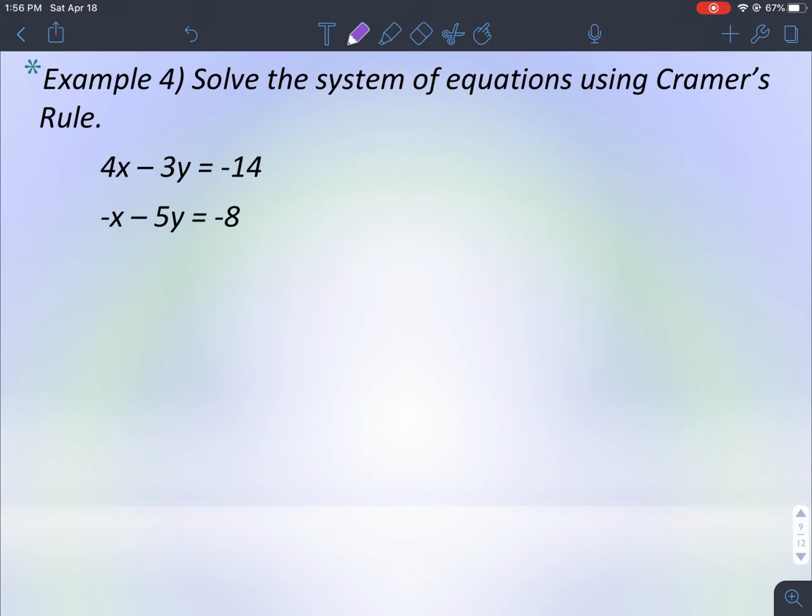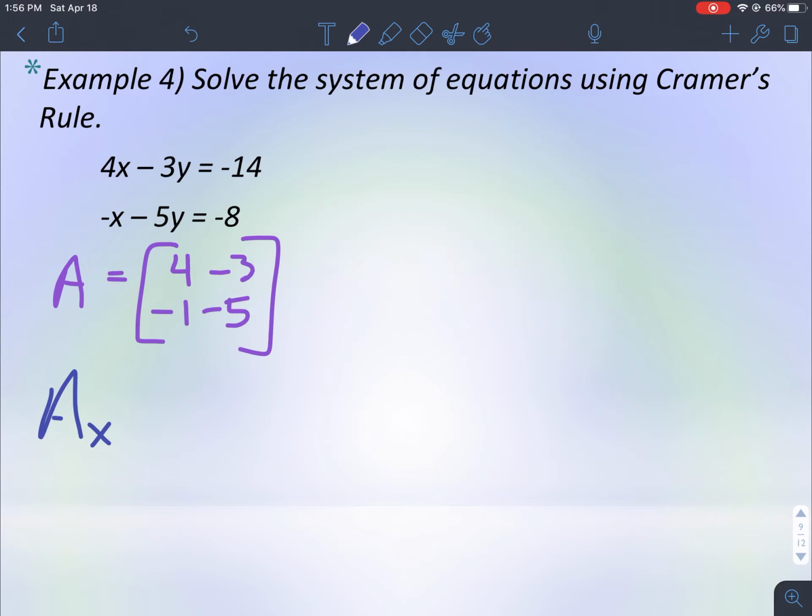Solve the system of equations 4x minus 3y equals negative 14, negative x minus 5y equals negative 8. All right, so step by step, first I'm going to form the regular coefficient matrix. Then I'm going to form the augmented x matrix.